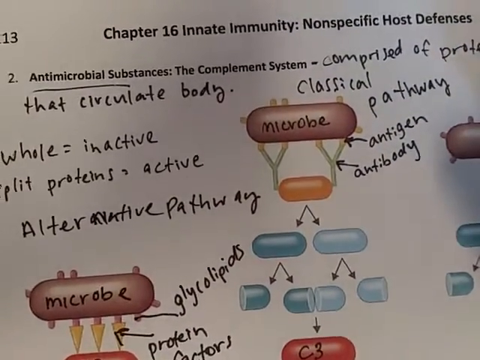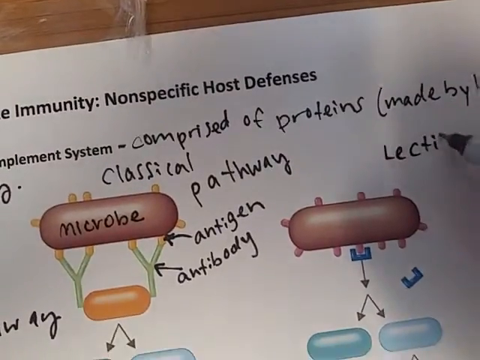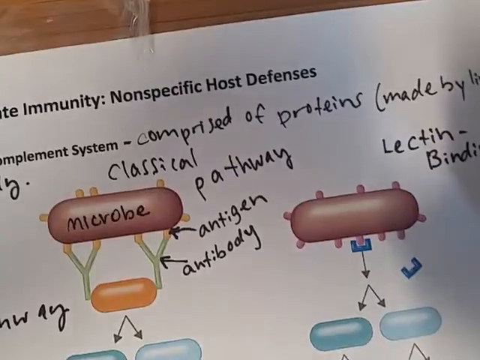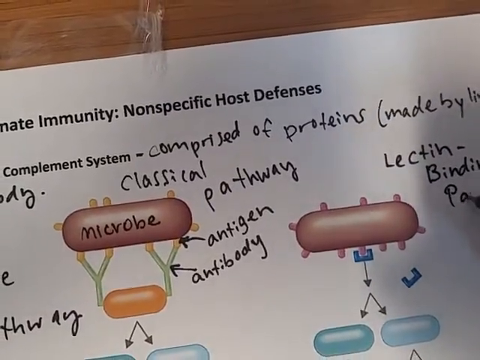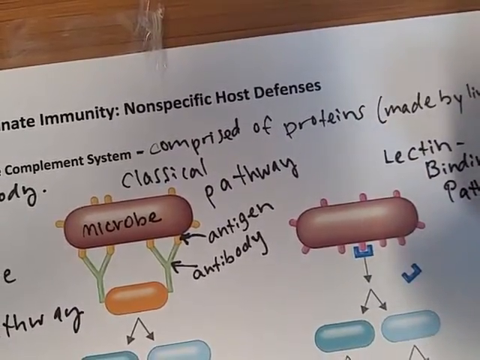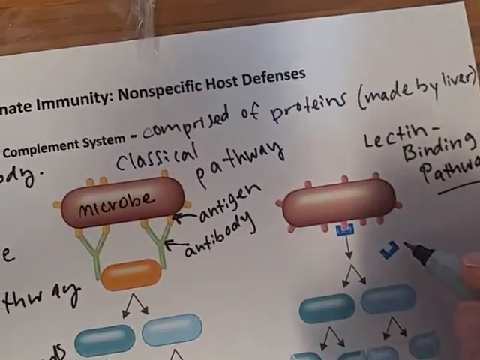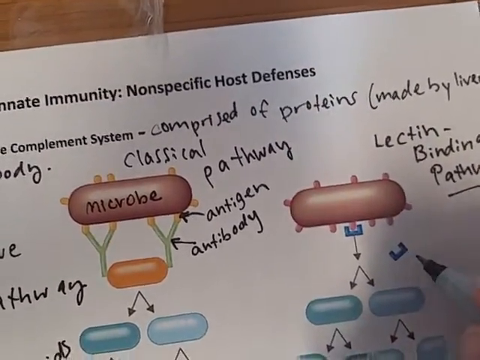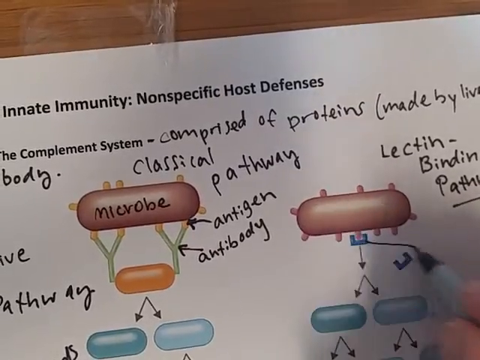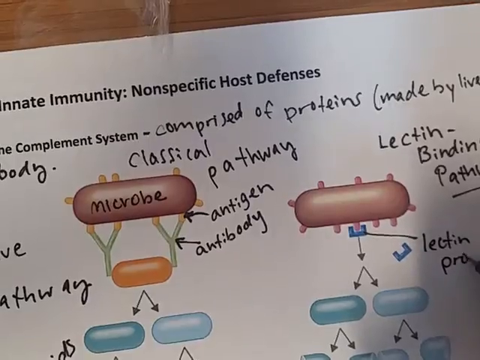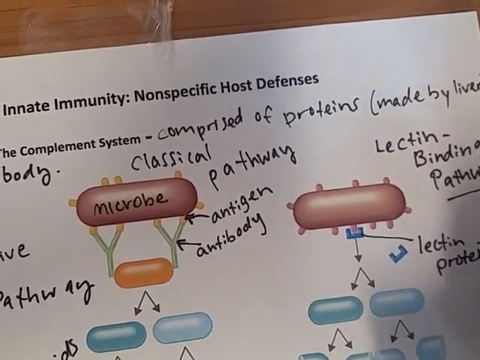So the last way is what's called the lectin binding pathway. So in this pathway, we're going to have these lectin proteins, these little blue kind of square looking proteins here. So this is a lectin protein.